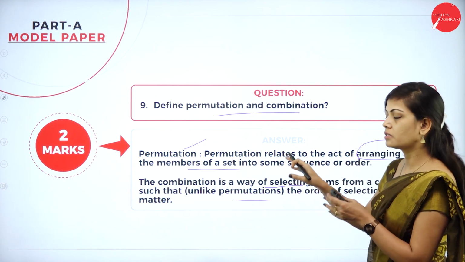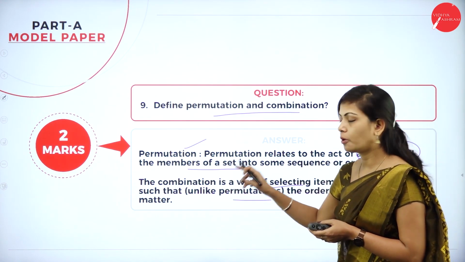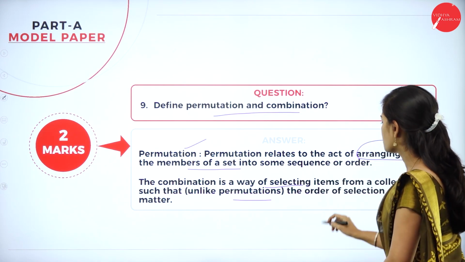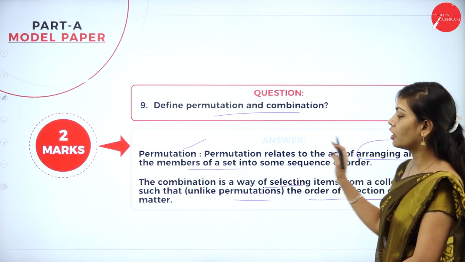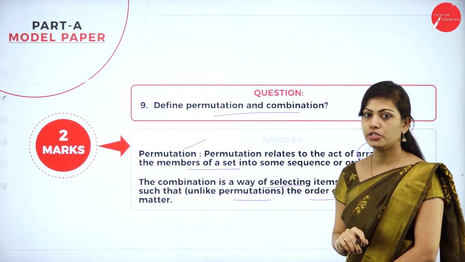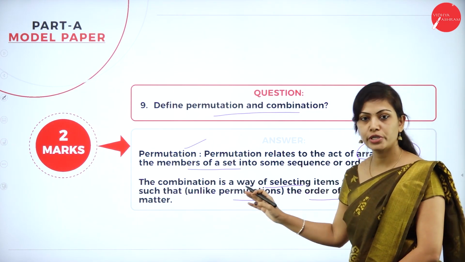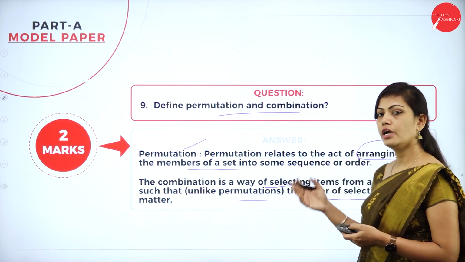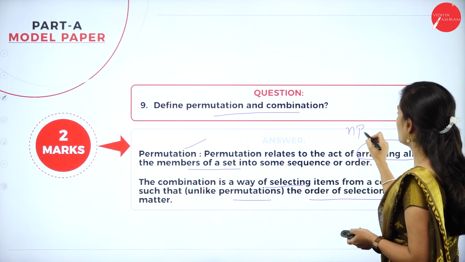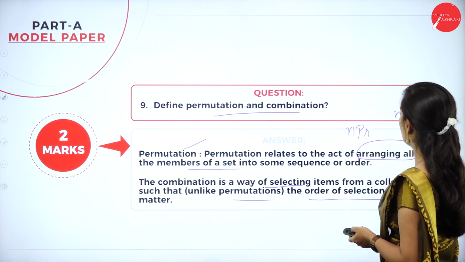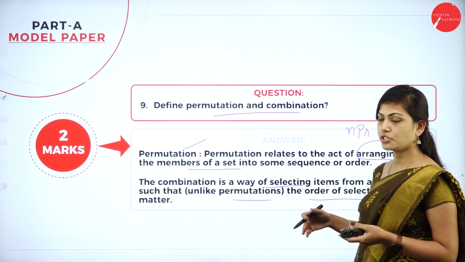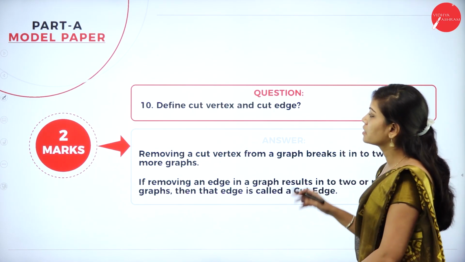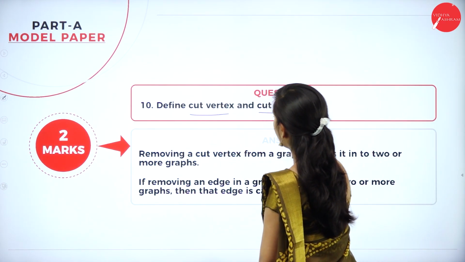So arrangement does not matter in combination, but arrangement matters in permutation. Clear? The order of selection does not matter in combination. So this is the difference between permutation and combination. You can write the definition, and also the nPr formula and nCr formula if it is a comparison of permutation and combination.